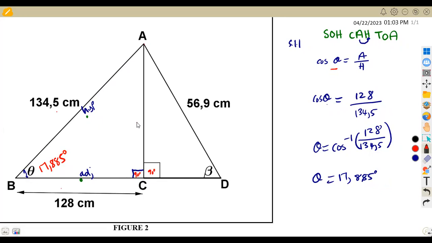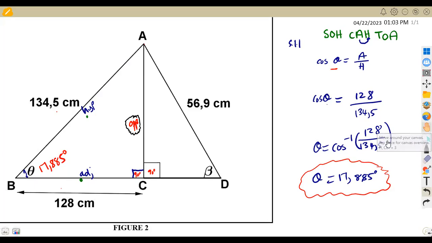Or from the theta that we calculated, we can also calculate AC using the trigonometrical ratios, because according to this theta, this is going to be your opposite. You can use any ratio as long as it has opposite, because you are referring to theta. As long as the ratio has opposite, we can calculate AC.